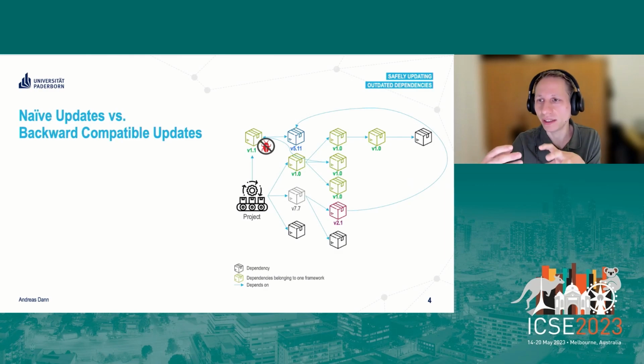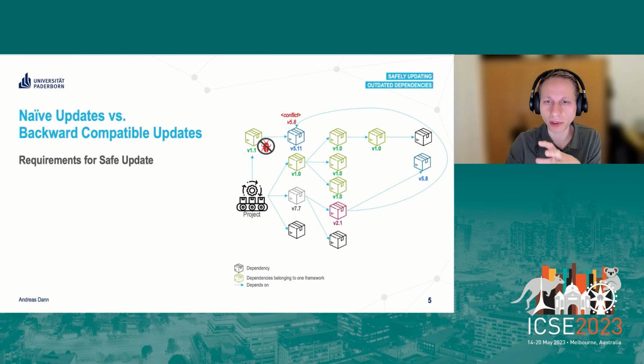And this can easily lead to conflicts. For instance, here, our pink dependency actually depended on version 5.8 of the blue package, but during the updating process, we actually included 5.11 of the blue dependency, and this is then a dependency conflict. And we don't know if the pink one works flawlessly with the new version.